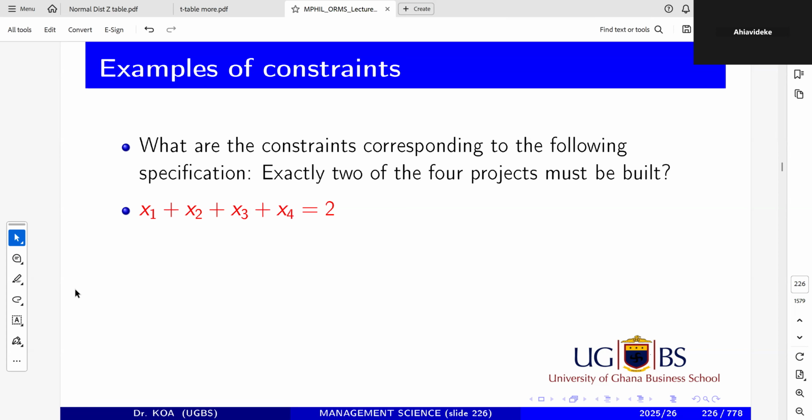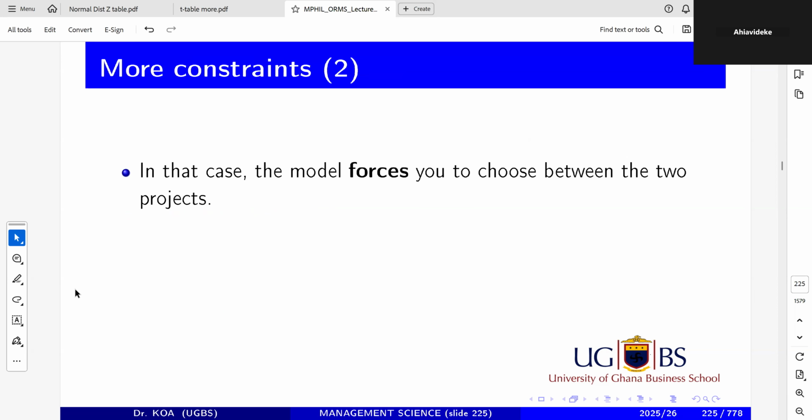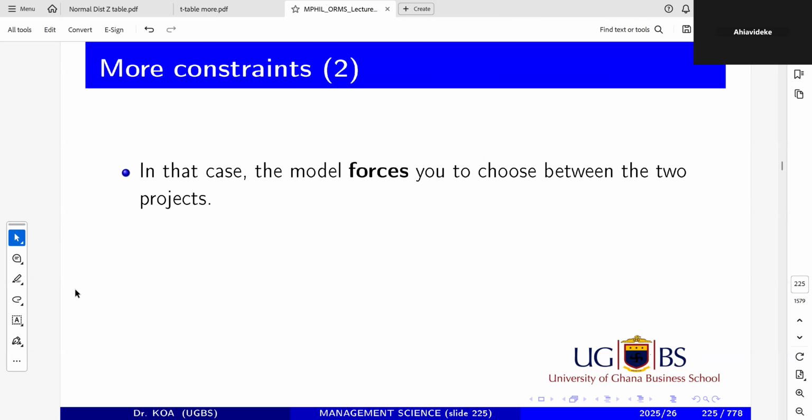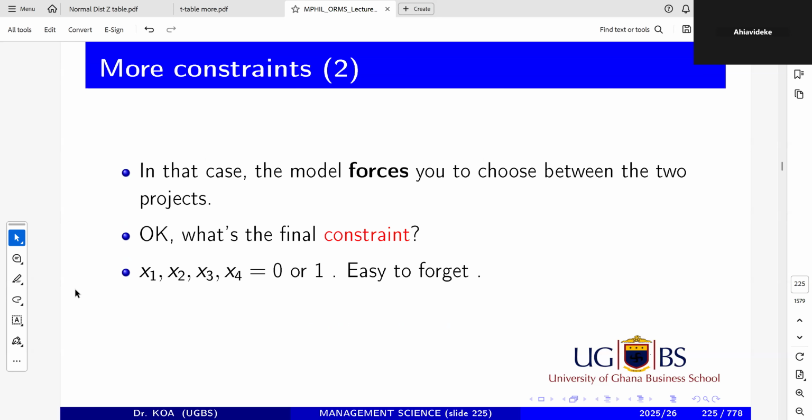Good. Go ahead. So we mentioned from the beginning that when we say must be, it is equal to. But with the first example, the question said that either the swimming pool or the tennis court must be built, which means that if you have 2 options, you can only choose one. So it's either you are doing A or you are doing B. That's why for that one we do it equal to 1.